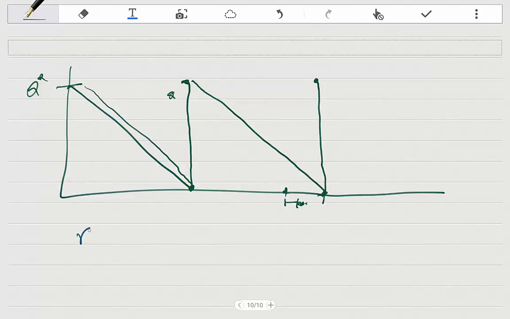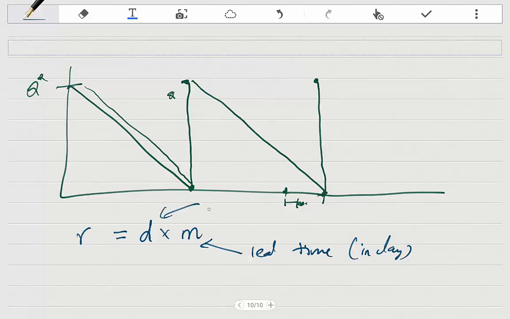The reorder point is your demand per day times your lead time, because the lead time is usually expressed in days. That makes sense, right?